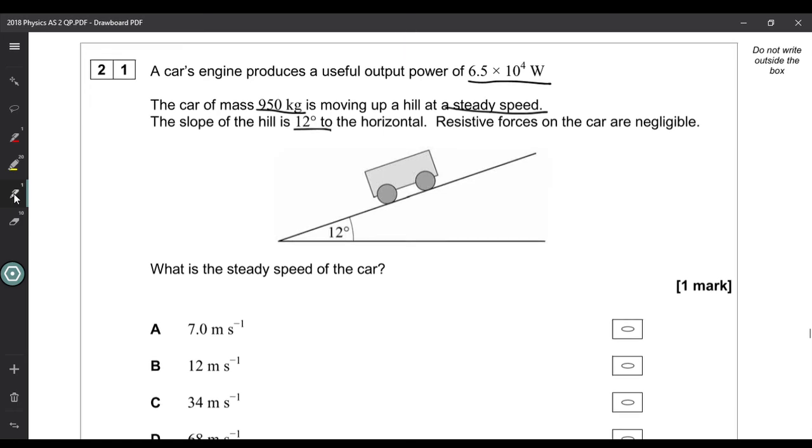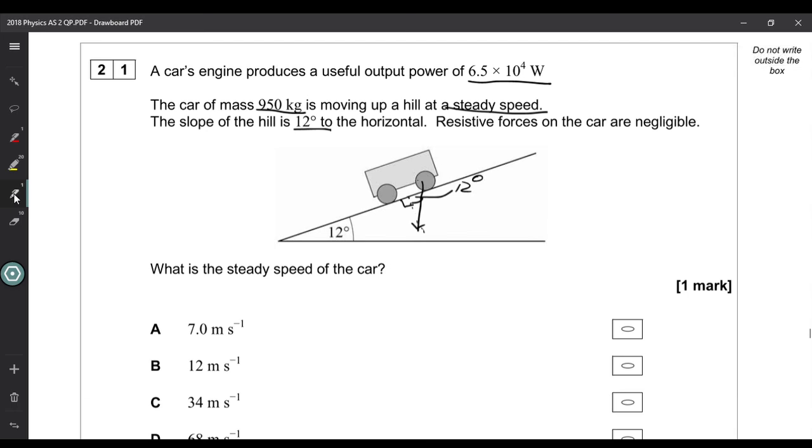So if we just put on a couple of angles here, if we drop a normal to this, then we know that the angle straight down, because of our weight here, so this angle here is also going to be 12 degrees.